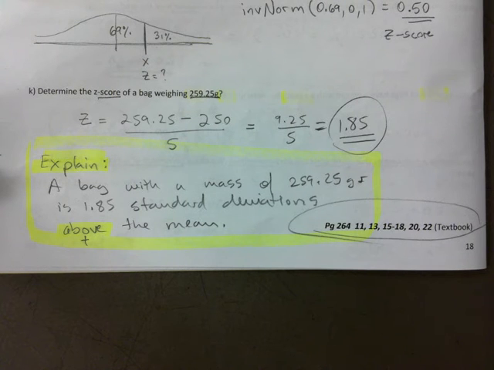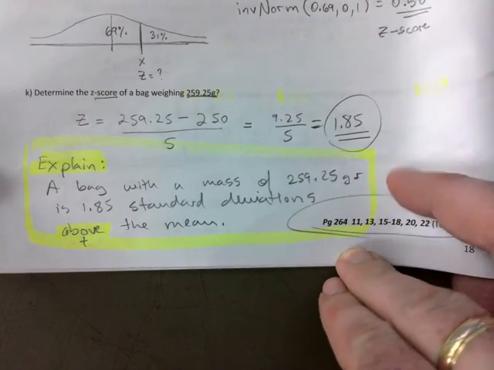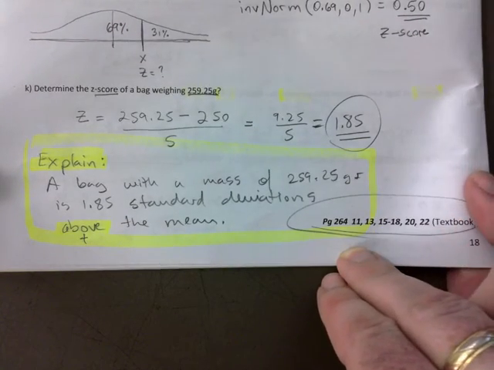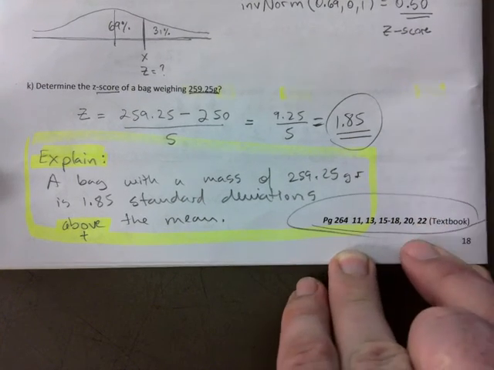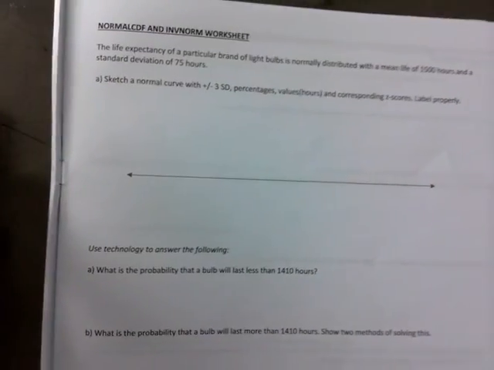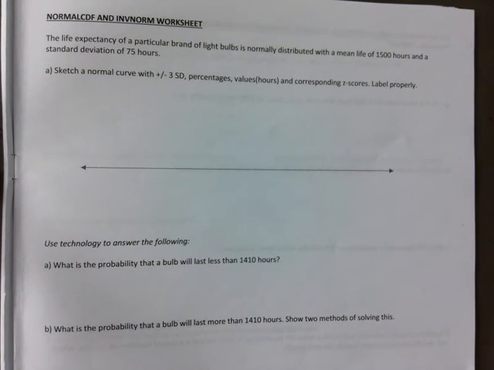There's a worksheet that's right after this. Okay, so pages 19 to 20. And if I give you time to work in class, I expect you to work in class. So if I see you on your phone, you will hear from me. Okay. So 19 to 20, it says normal CDF inverse norm worksheet. So this stuff will be on the quiz next week. So make sure you go through this and try to figure it out.